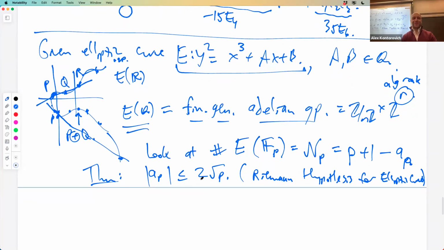Anyway, this is also called the Ramanujan conjecture in general. Let me just throw another word in here, Ramanujan conjecture. Actually, I can explain what Ramanujan's conjecture is, I think.